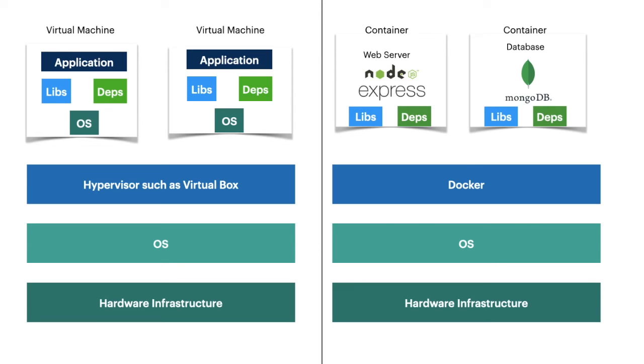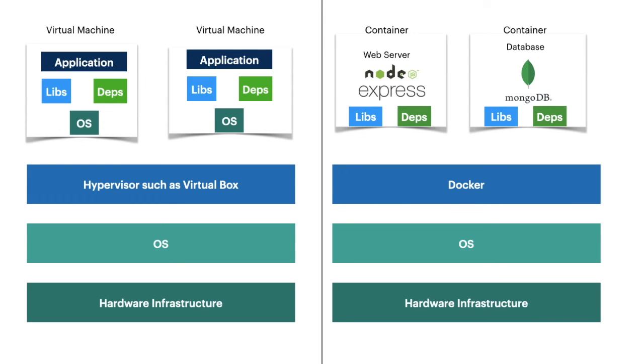Whereas on the other hand, in the case of virtual machines, we can see that on top of the hardware infrastructure there is one OS, and on top of the OS they keep a hypervisor. For example, if you have heard of VirtualBox, this is one example of a hypervisor. On top of the hypervisor, we can see multiple virtual machines.